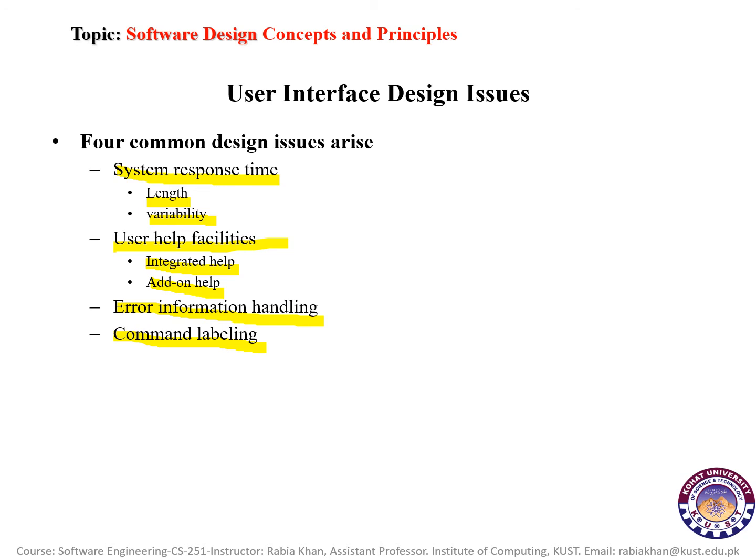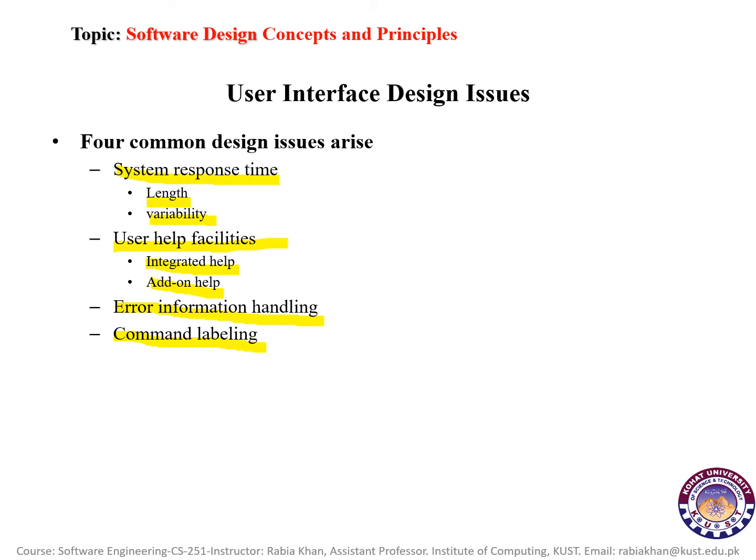But today, the use of window-oriented point and pick interfaces has reduced reliance on typed commands. But many power users continue to prefer a command-oriented mode of interaction. So, in command labeling, the labels should properly define the action or the response that will be generated from the system.